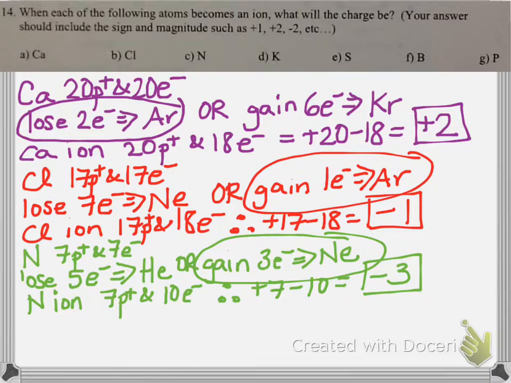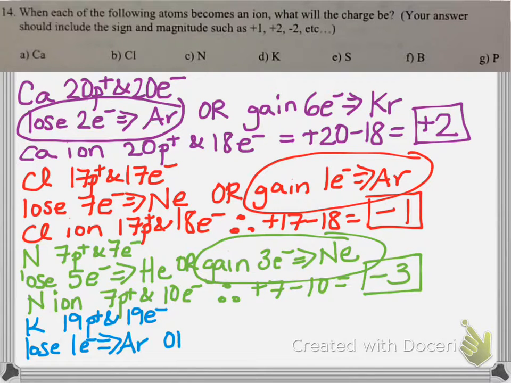If we look at potassium, potassium as an atom has 19 protons and 19 electrons. So potassium can lose 1 electron to become like argon, or it can gain 7 electrons to be like krypton.